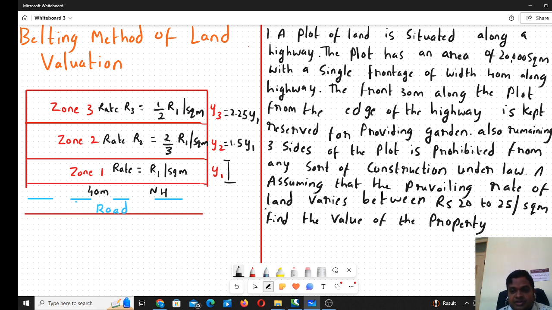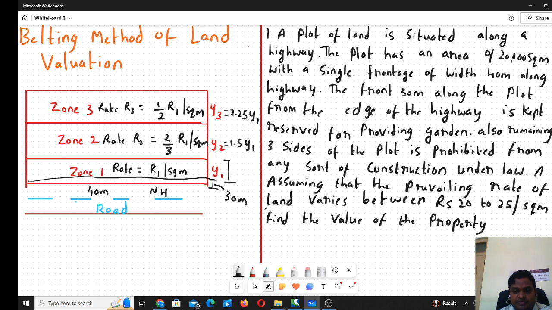The front 30 meter along the plot from the edge of the highway is kept reserved for providing a garden. It means that there is a partition made here, which they have given as 30 meter.